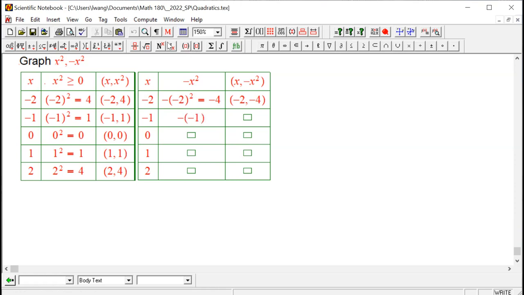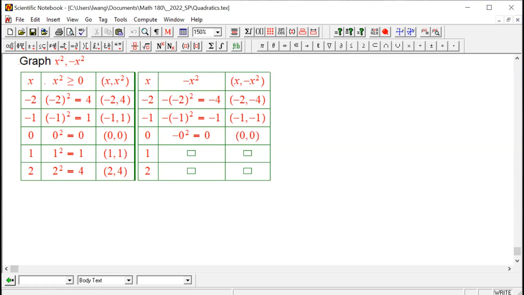Be very careful, write it exactly the way I do here, please. Input -1, output -1. For 0, no difference, it's still 0. x is replaced by 0, so that's going to be 0. 0 is not positive and it's not negative either. It's a neutral number.